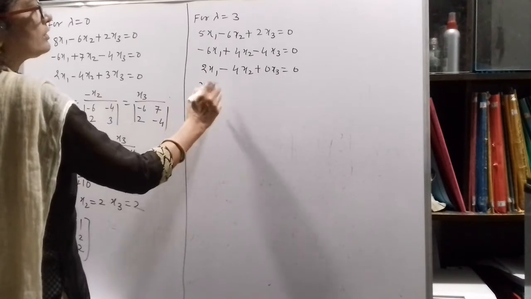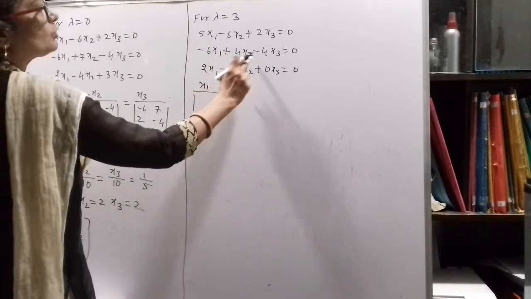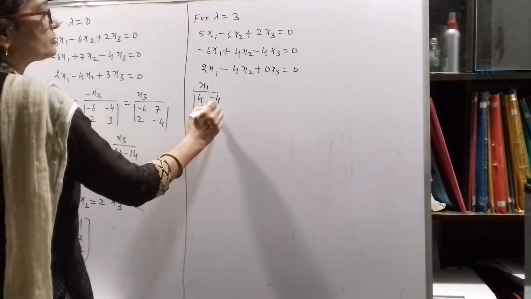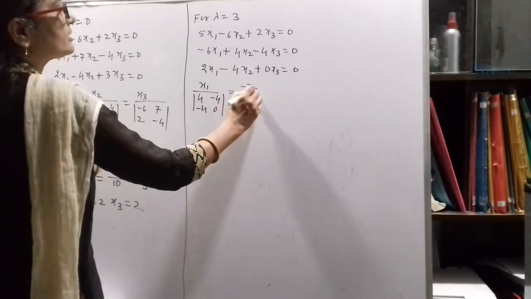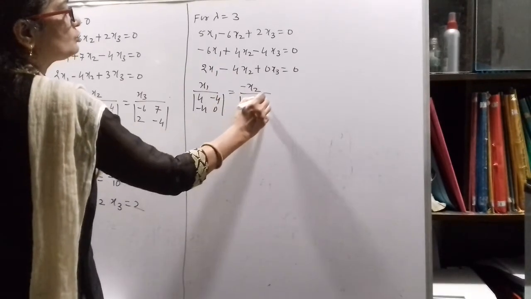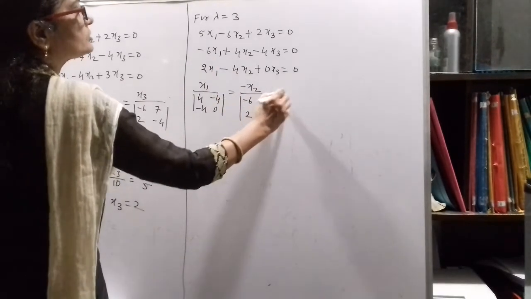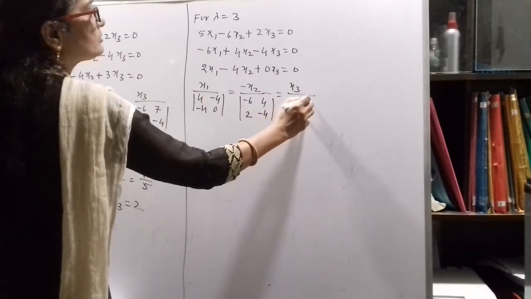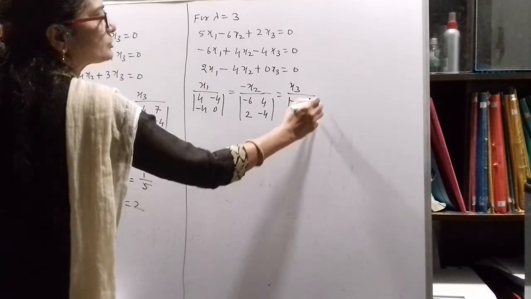So x1 upon determinant of 4 minus 4, minus 4 0, is equal to minus x2 upon minus 6 2, 4 minus 4, is equal to x3 upon minus 6 4, 2 minus 4.